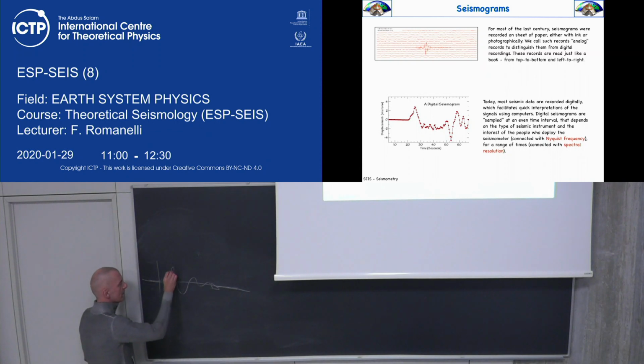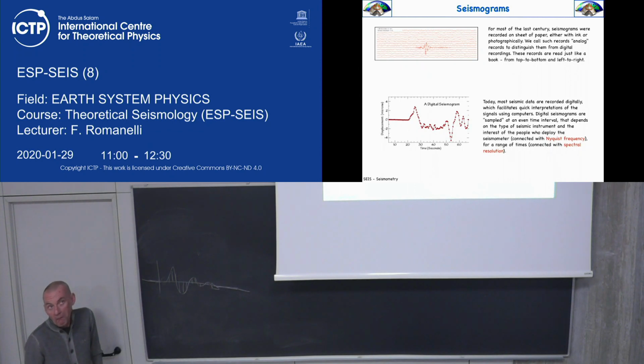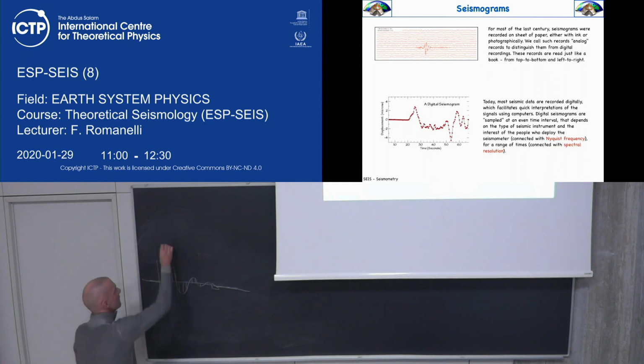Let's take these samples, okay? Are they enough? Let's take one sample per second. What are we missing? Well, we are missing everything that is smaller than 1 second, right? Yes. Okay, this is called the Nyquist frequency.